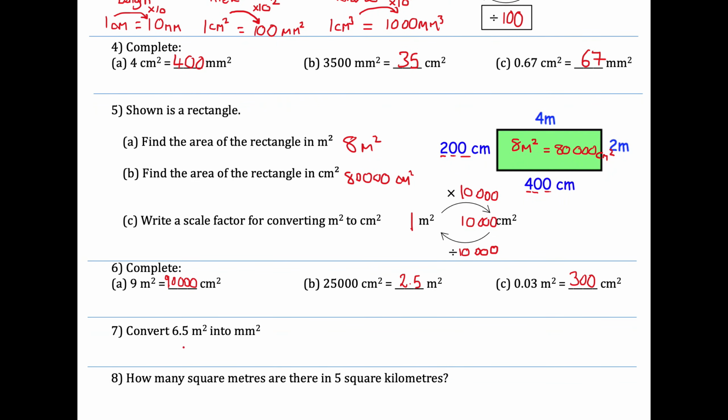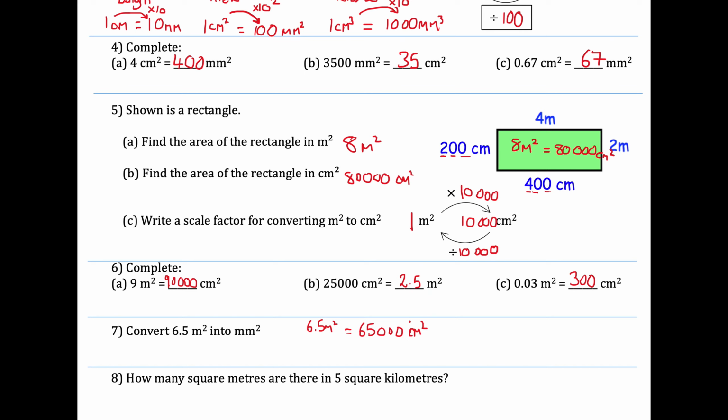And the final question, oh no, sorry, number 7. 6.5 square metres to square millimetres, right, well, let's turn it into square centimetres first, so we times by 10,000, so that would be 65,000 square centimetres.